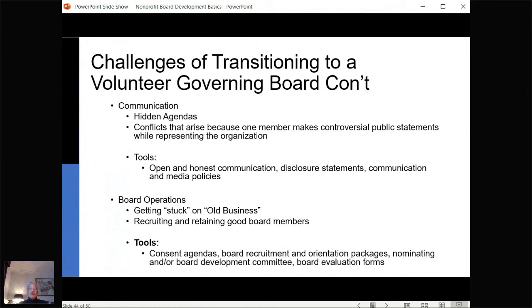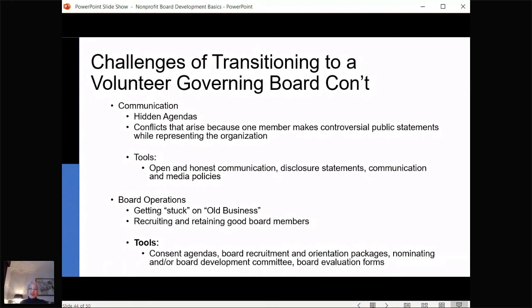And then you, who are already on board, need to be either accepting or not accepting, depending on what it is people want. You don't want to have a situation where what people want is in conflict with what you're trying to achieve. But another way you can mitigate conflicts is to have disclosure statements, and then have policies around communication.